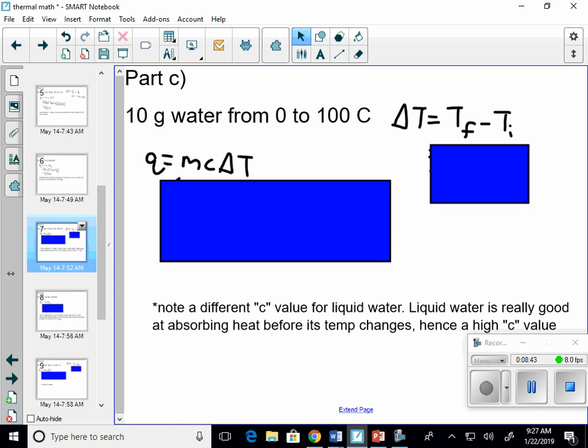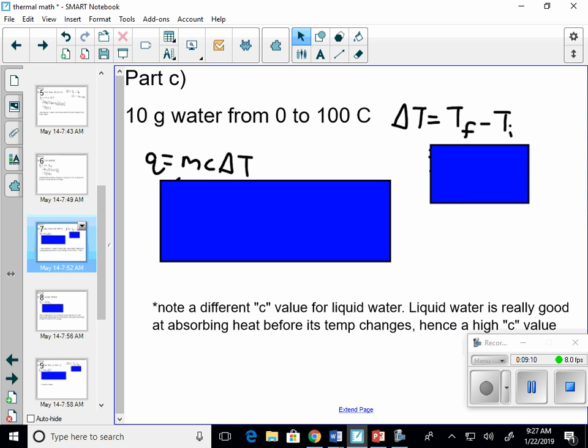So step 3, 10 grams of water from 0 to 100 degrees Celsius. Since there's a temperature change, this goes back to Q equals MC delta T. Notice I put big blue boxes over the top. I'd like you to take a second here to solve that equation. So plug in your numbers. What's the mass of water?